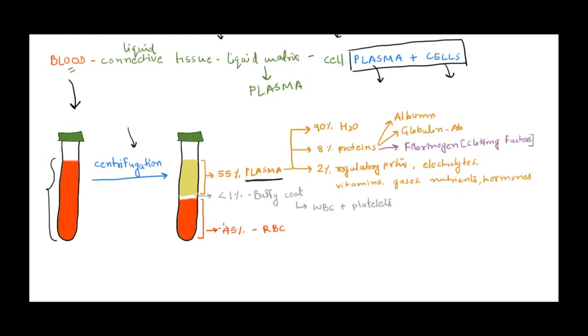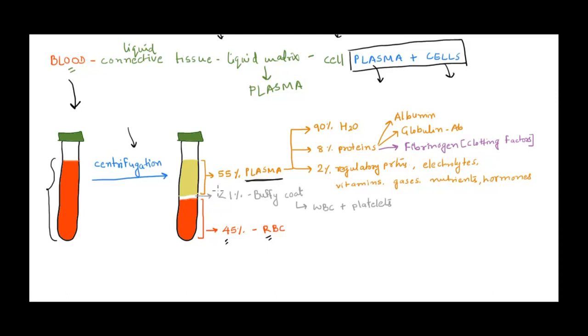What we observe here is that the bottommost layer, red in color, is the RBC, red blood cells. This is about 45%. Above this, there is one thin white layer which we call the buffy coat. If you have done experiments where you use blood as a sample and separate plasma, you use the word buffy coat.